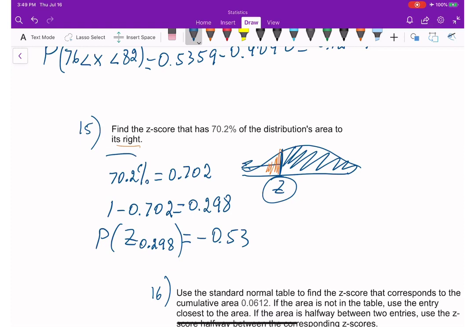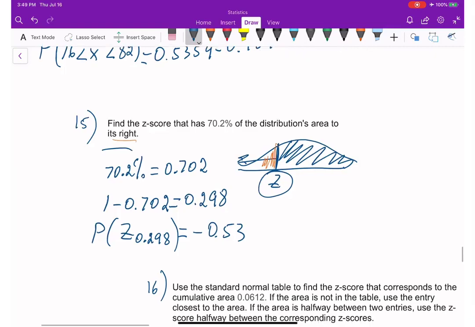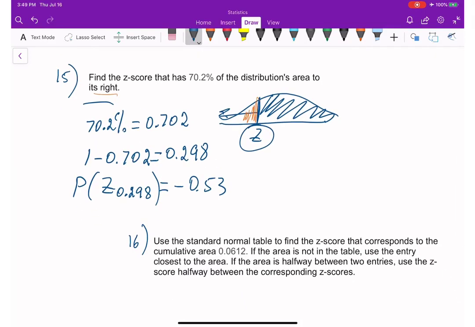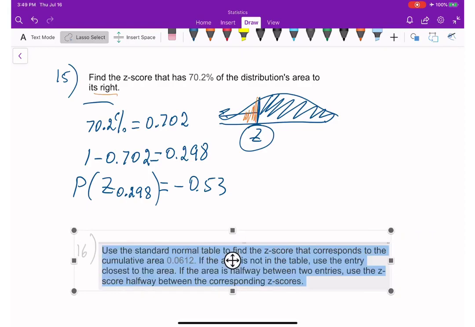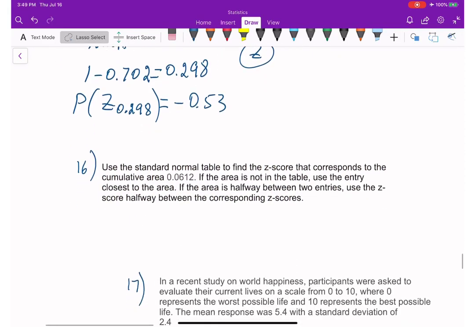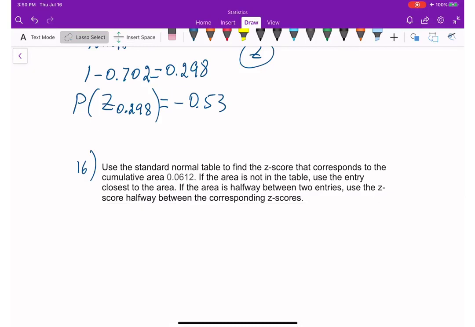Next. Question number 16. Use the standard normal table to find the z-score that corresponds to the cumulative area 0.0612. Cumulative area 0.0612, that's a probability.